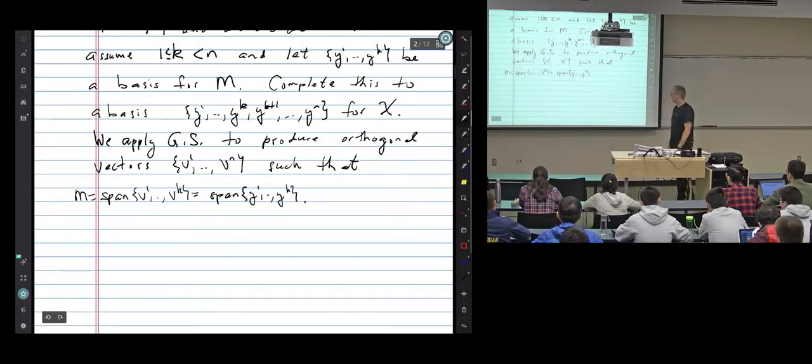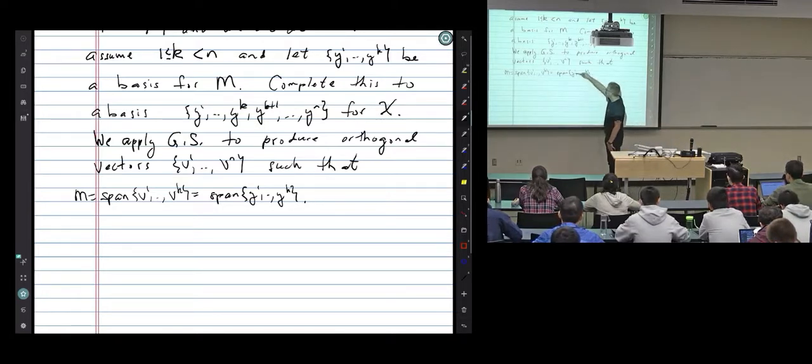That's the key property of applying Gram-Schmidt: y1 spans the same as v1, y1, y2 the same as v1, v2, up to yk, vk.